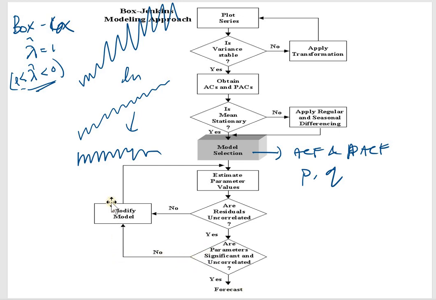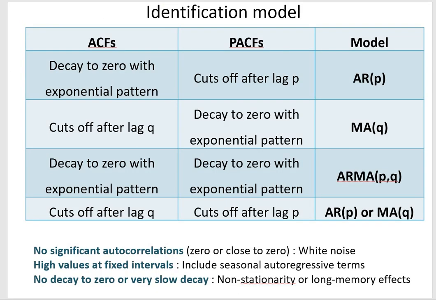Otherwise, we have to modify the model again. Note that it should be that the parameter is significant, not uncorrelated, because uncorrelated refers to the residual, not the parameter.